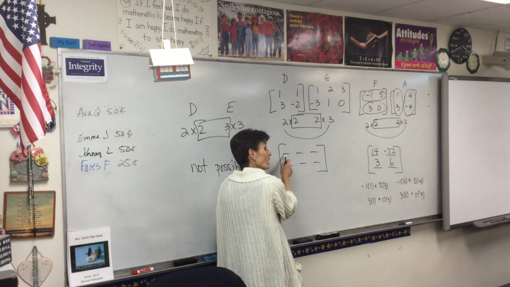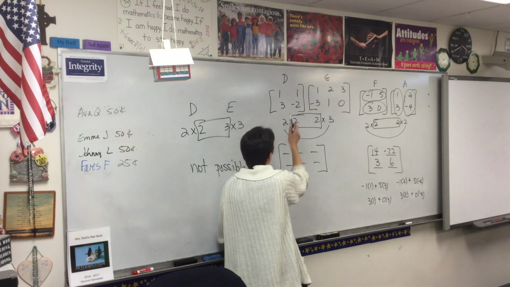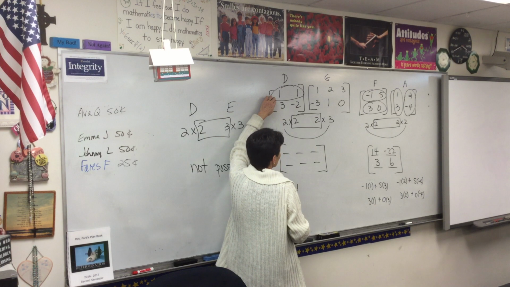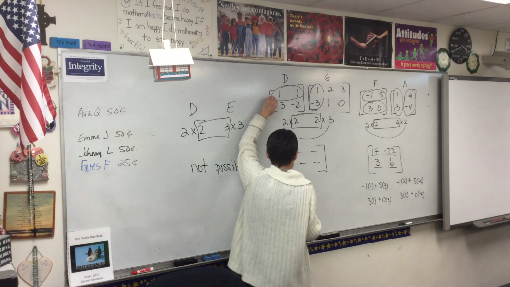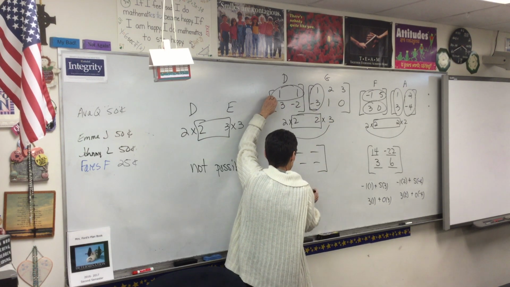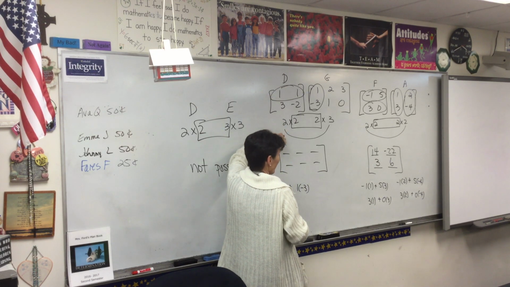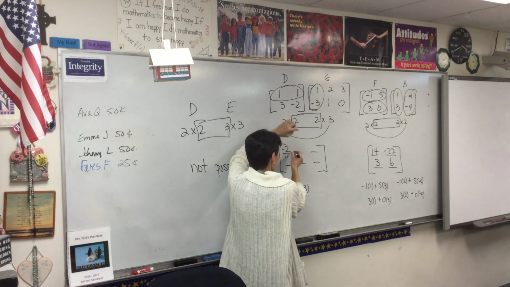So this is the 1, 1 spot. So we're going to multiply row 1 times column 1. So that first spot right there, the 1, 1 spot, is -2.